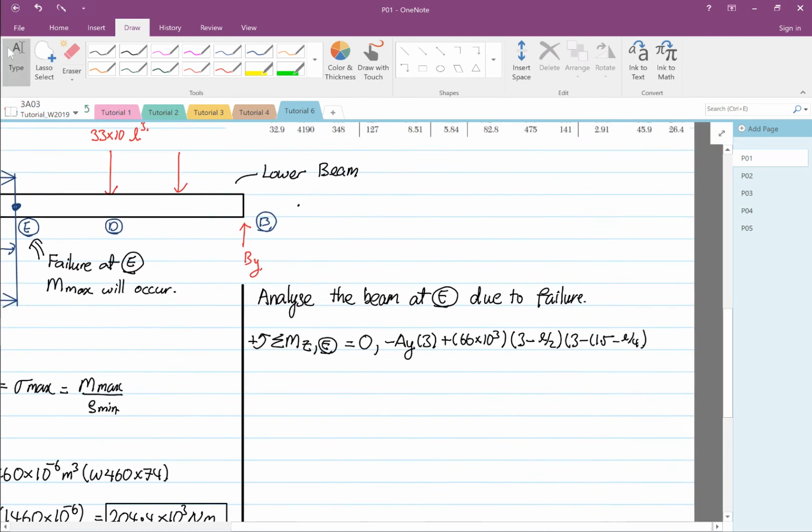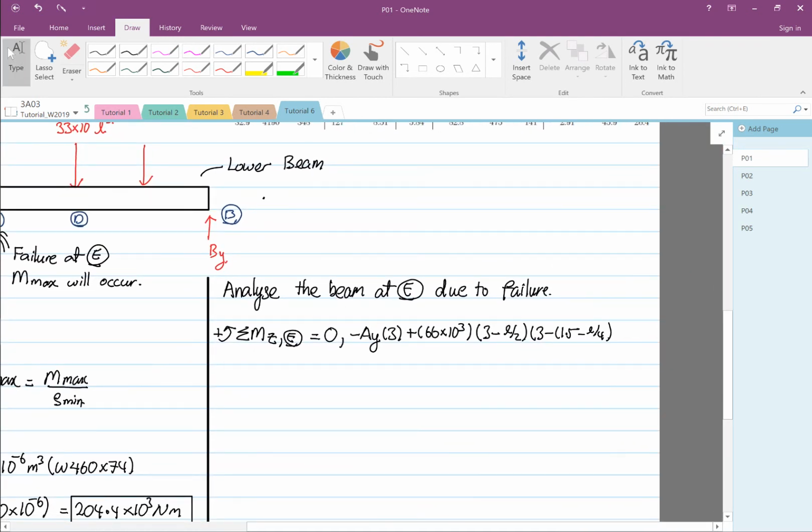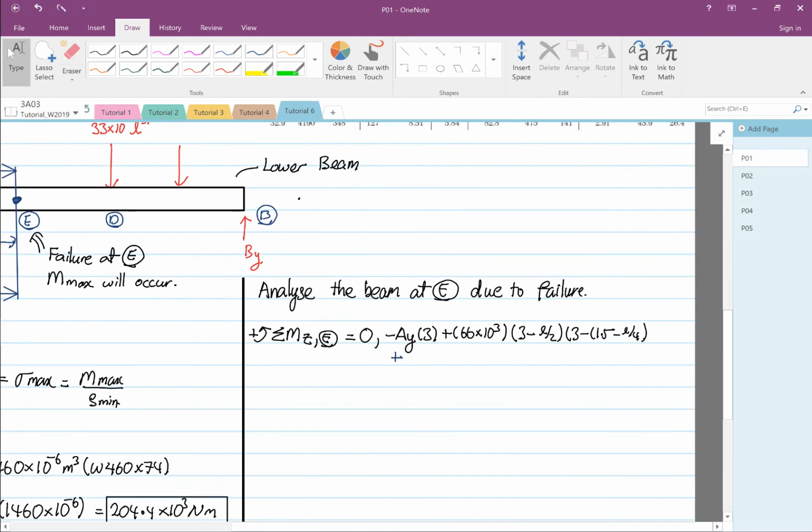And then you have plus 33 times 10 to the power 3 L, multiplied by L over 2.